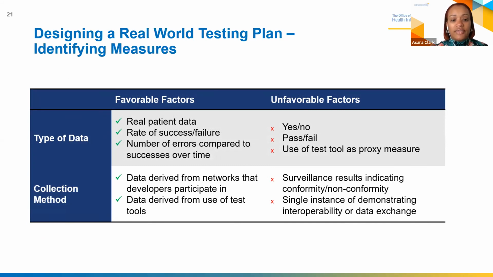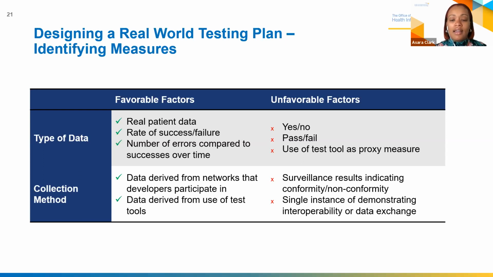But there are some favorable factors and unfavorable factors that ONC has put out there as far as what you should include and steer clear of when you're thinking about the type of data and collection methods when you're identifying these measures. So again, real patient data, the rate of success and failure, number of errors compared to successes over time.